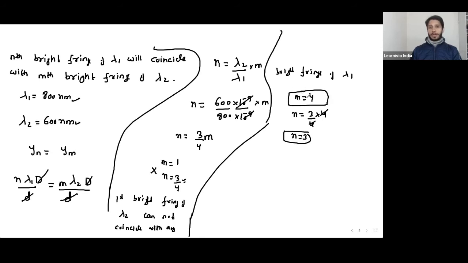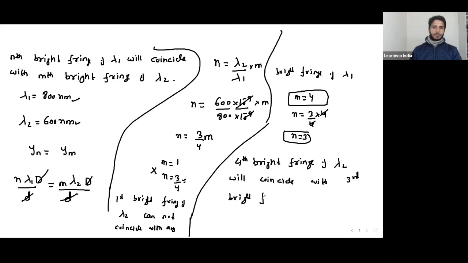That means the fourth bright fringe of lambda 2 will coincide with the third bright fringe of lambda 1. So now we know that the fourth bright fringe of lambda 2 and the third bright fringe of lambda 1 will coincide.